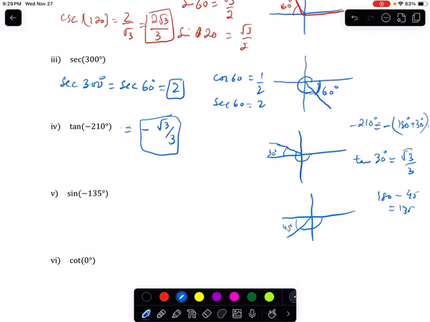So we say that the sine of negative 135 will be the same as negative of sine of 45 degrees. So sine of 45 degrees is square root of 2 over 2. So sine of negative 135 will be negative square root of 2 over 2.